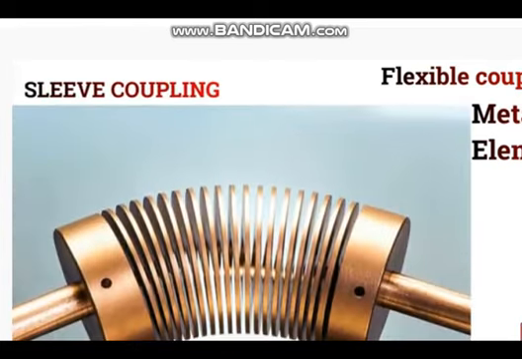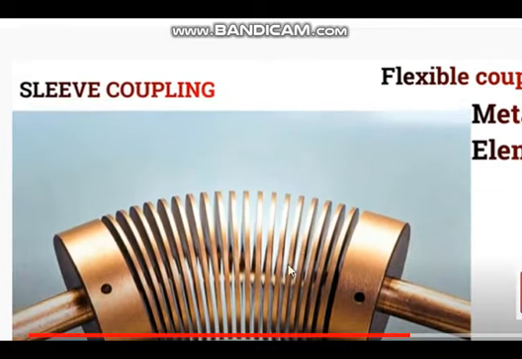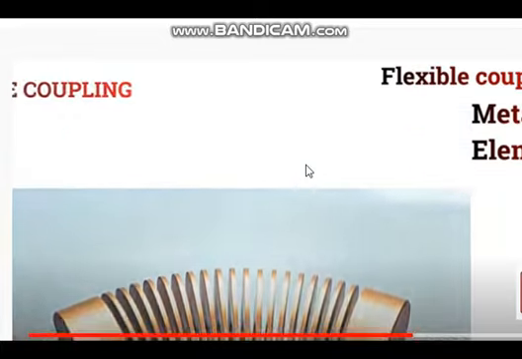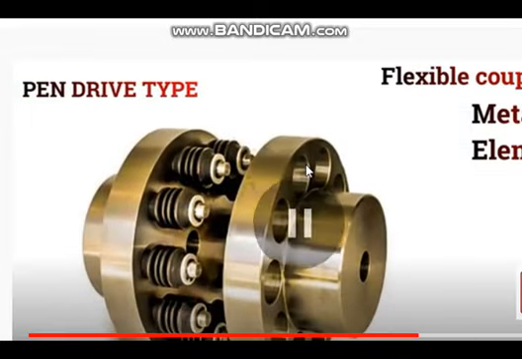And this is another coupling. This is a sleeve coupling. You see how the shafts are at some angle. These are all allowing some misalignments. That's why they are called flexible couplings. Okay, this is a pin drive coupling. You see the one side, it fits.